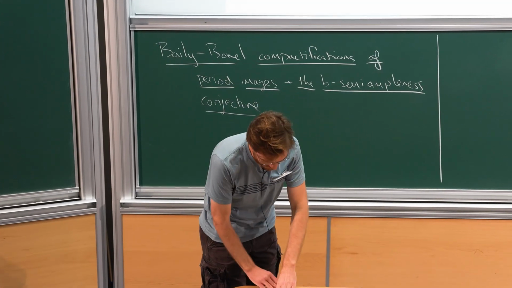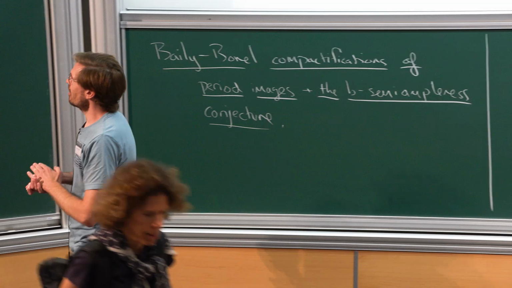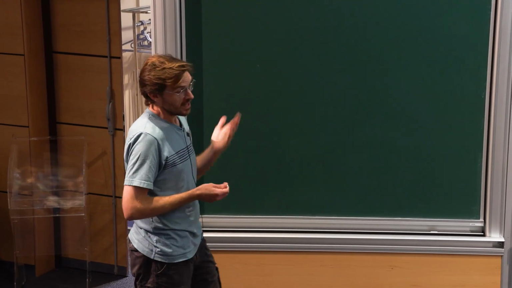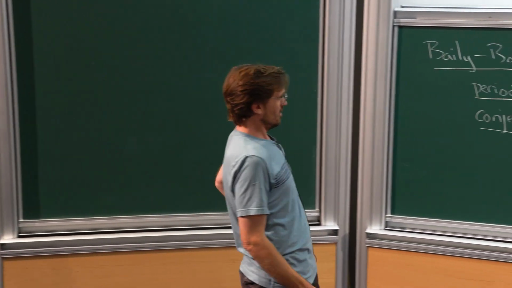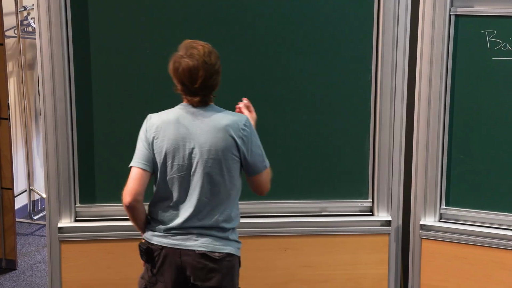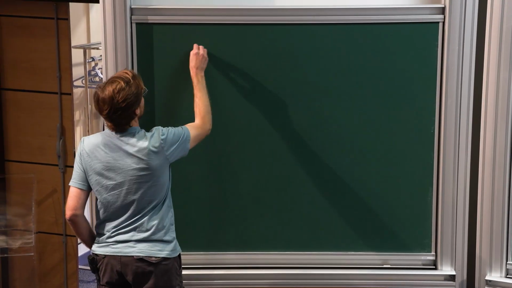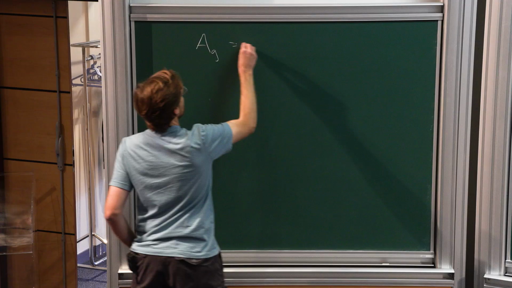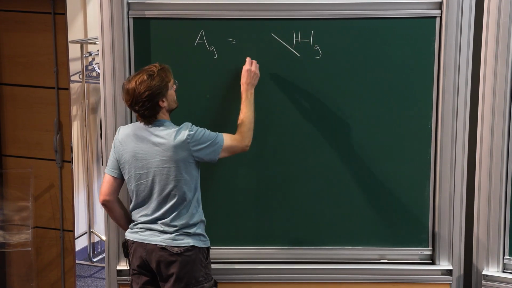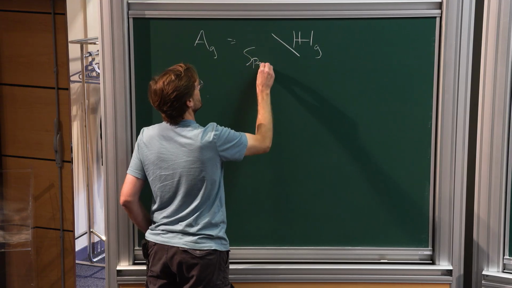Okay, so I wanted to start off by talking a bit about the classical picture, which we already heard a little bit about in Mingju's talk yesterday. Let's talk about A_g. A_g starts off life as a complex analytic variety, the Siegel upper half space modulo the symplectic group.